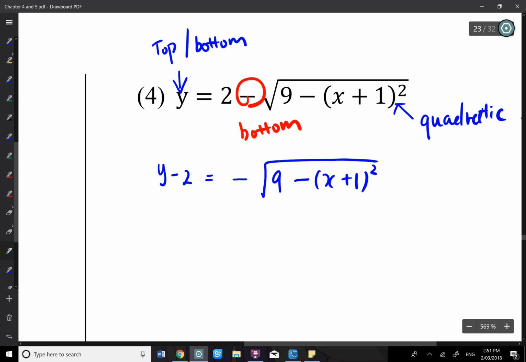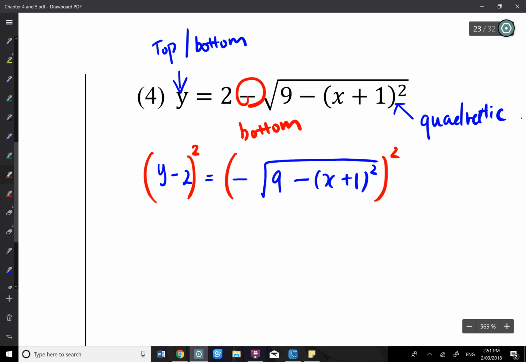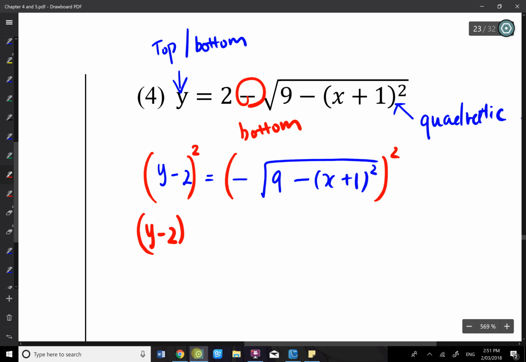And then I want to square both sides. Why am I doing this? Because I want to see where's my center and what is the radius. So now I have y minus 2 squared equals 9 minus x plus 1 squared. So x plus 1 squared plus y minus 2 squared equals 3 squared.